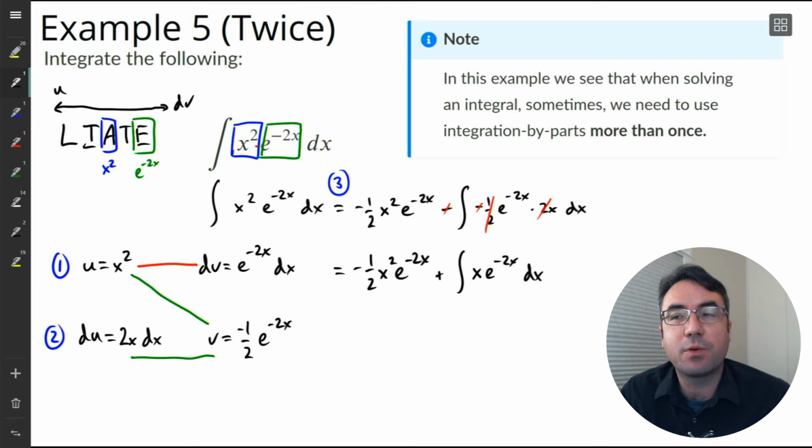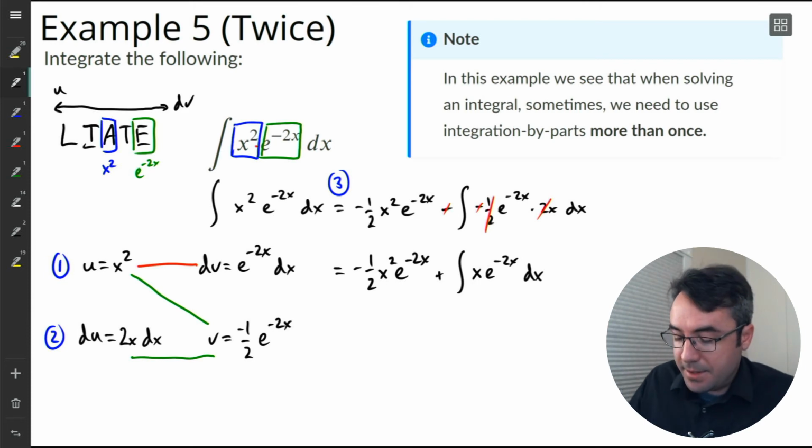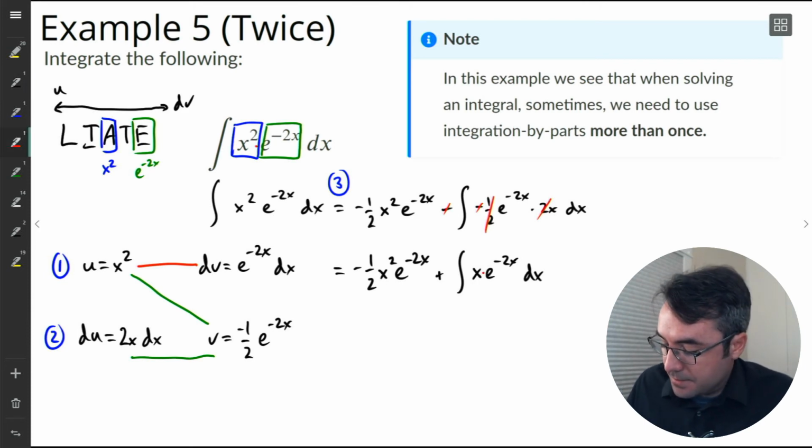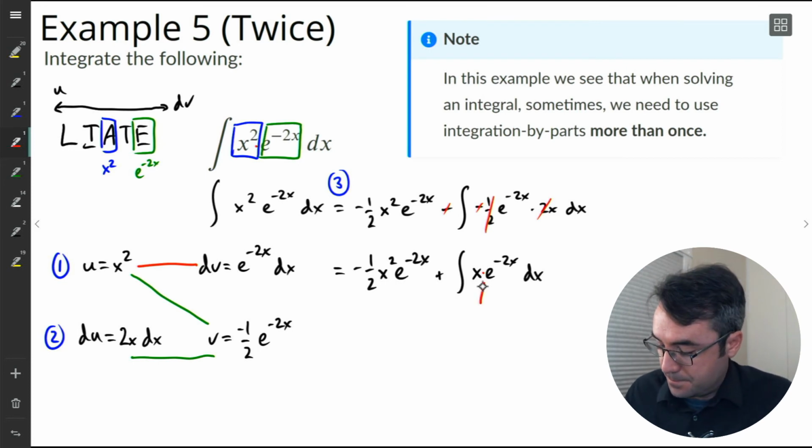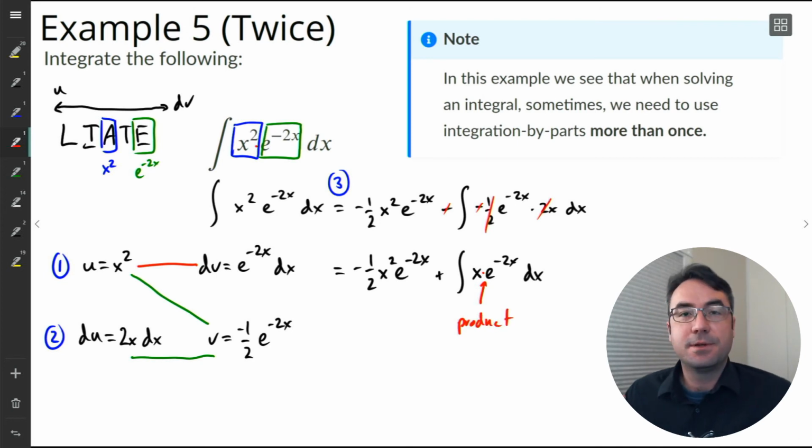So it looks like we're making progress, but it's still a product. There's still multiplication in there. And so that's an indication that we're going to have to do integration by parts again. All right, so let's do it.